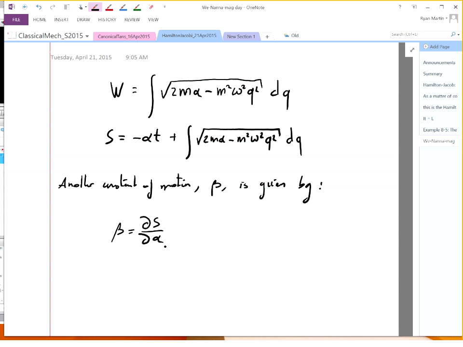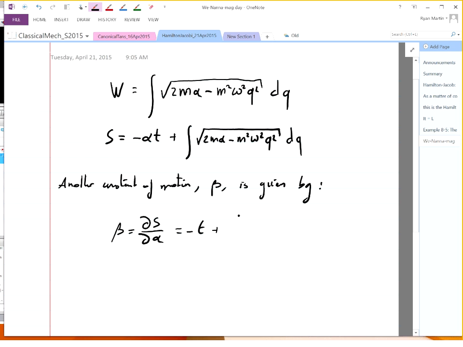Beta is like the capital Q, and alpha is like the capital P. And the generating function S of the canonical transformation depends on lowercase q and uppercase P. So let me do dS by d alpha. I have S above there in terms of an integral, right? So dS by d alpha, well, the first term, if I take the derivative with respect to alpha, is just t.